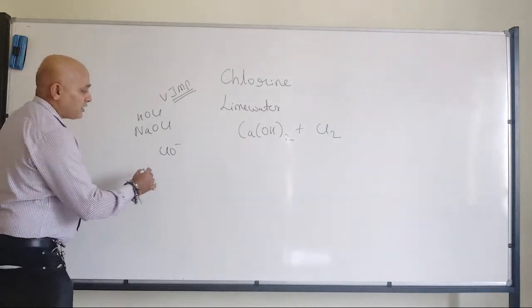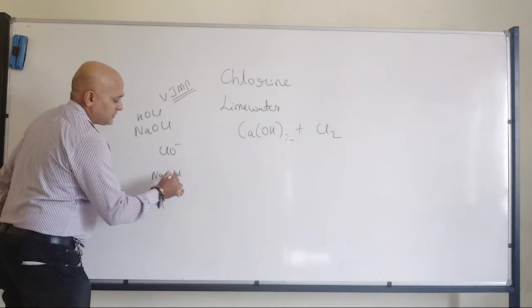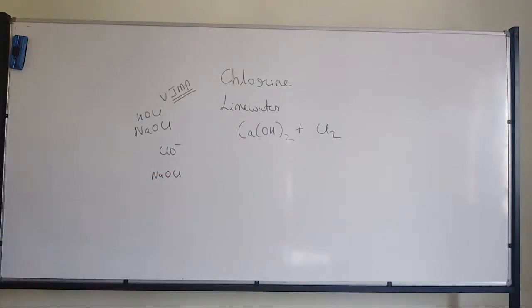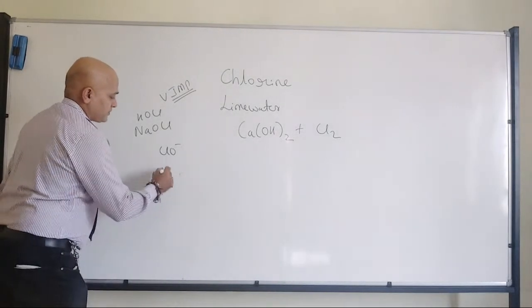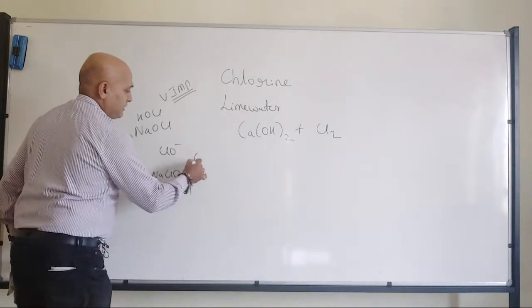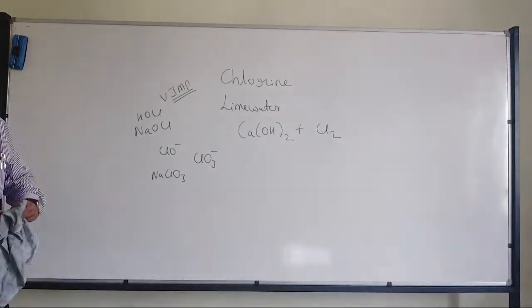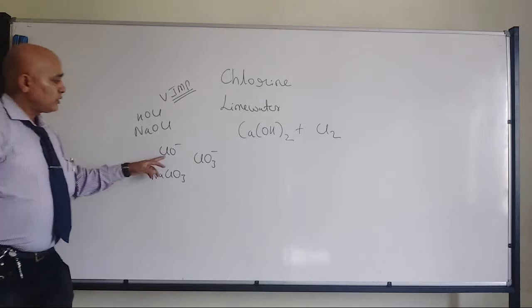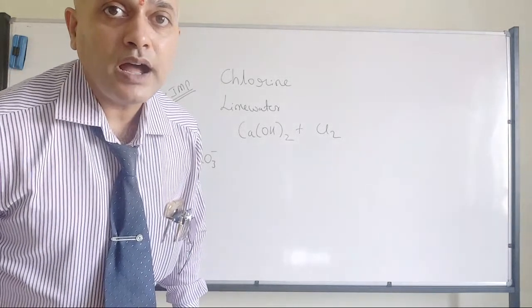So now when I am talking about another product, that is NaClO3, that means I am talking about chlorate ion. Chloride ion, hypochlorite, chlorate.